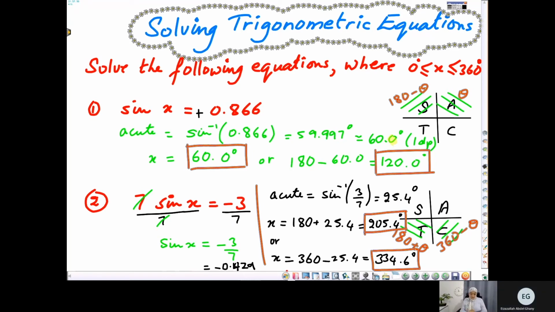Sine 205.4 equals negative 0.429. Wow! And another check. Sine 334.6 equals negative 0.429. Yes, you have to check that it's also negative. Concentrate: the same answer and the same sign.